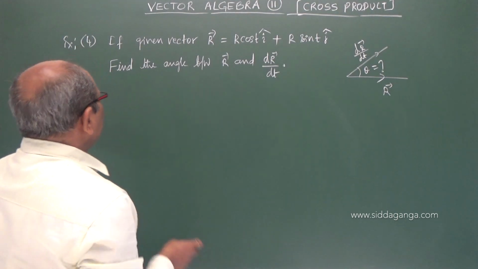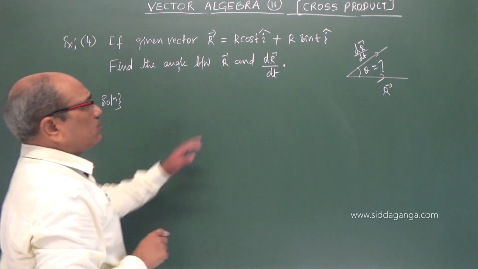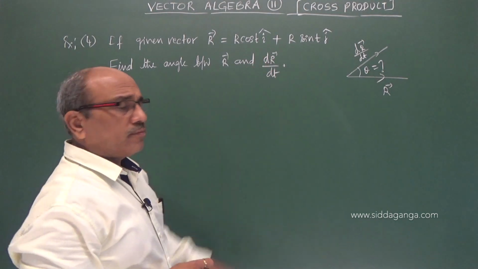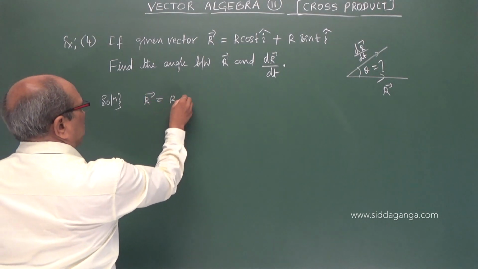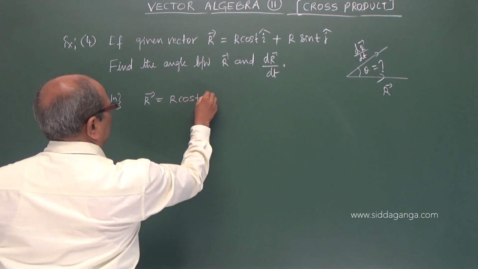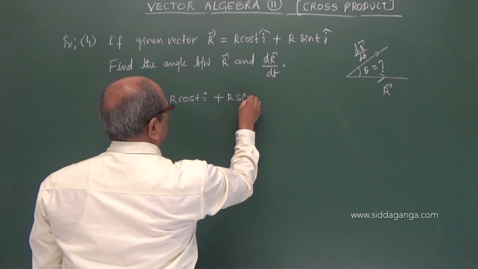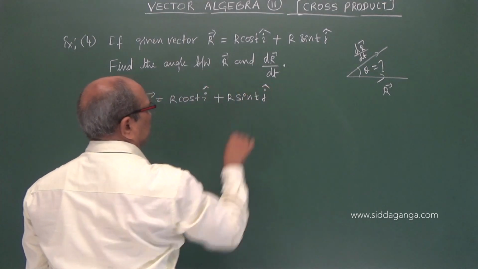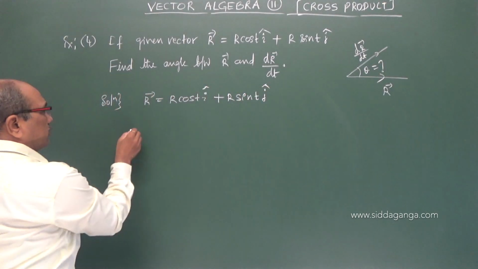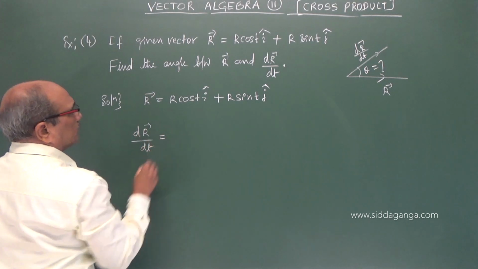Let us take first, we have to get the differentiation of R with respect to time. Let you are given the vector R as R cos t i plus R sin t j. Now differentiate this with respect to time.